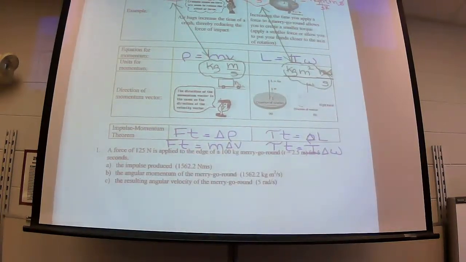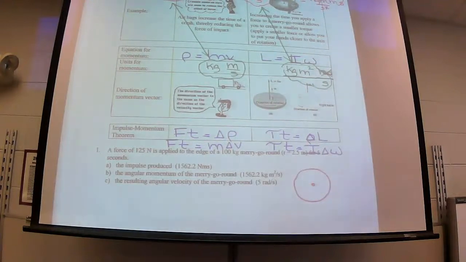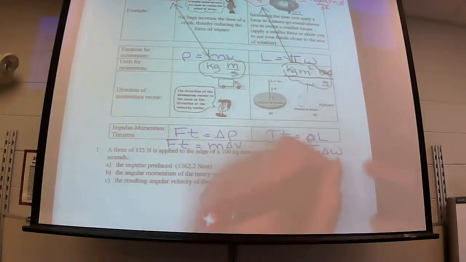So this problem number 1 example should be pretty short and sweet, but let's work through it quickly. I'm going to draw a picture as I go. That's a merry-go-round.